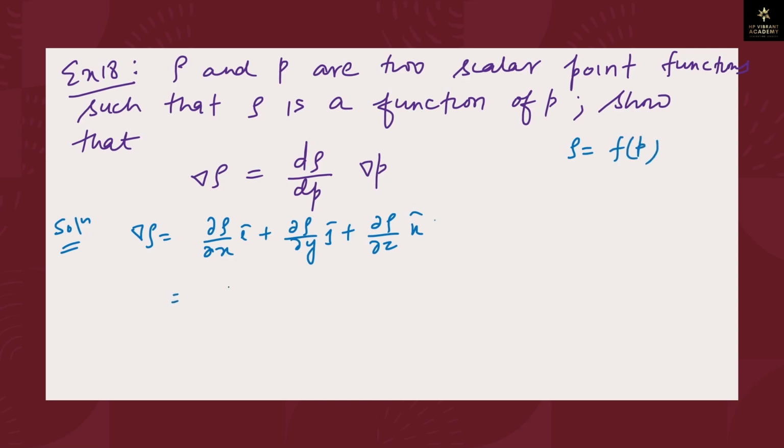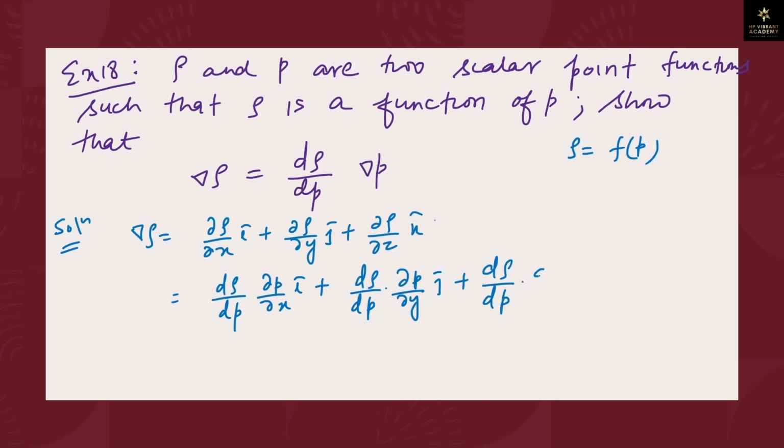This we can write as d rho upon dp into del p upon del x i cap plus d rho upon dp into del p upon del y j cap plus d rho upon dp into del p upon del z k cap.